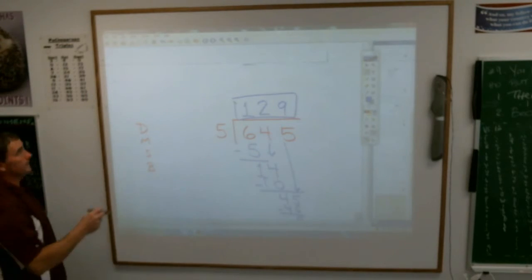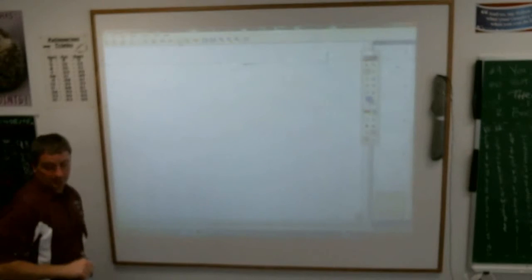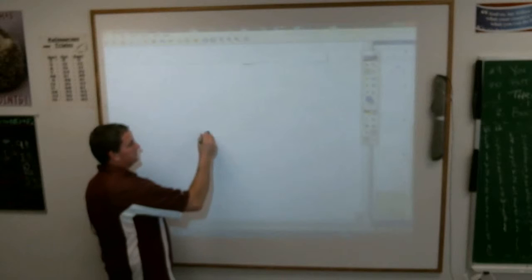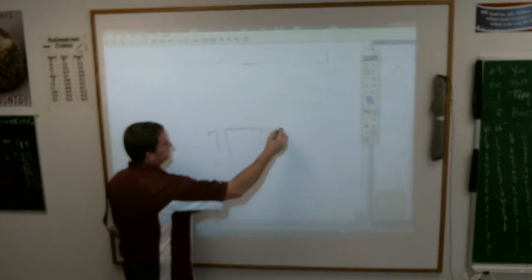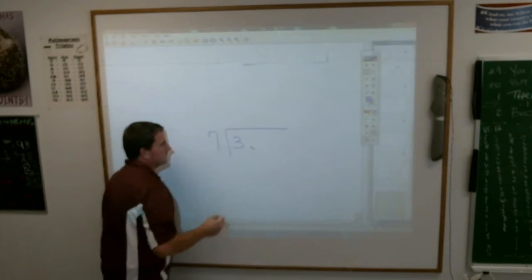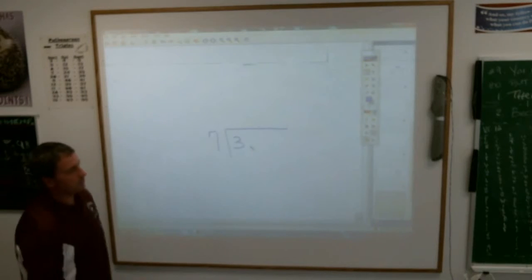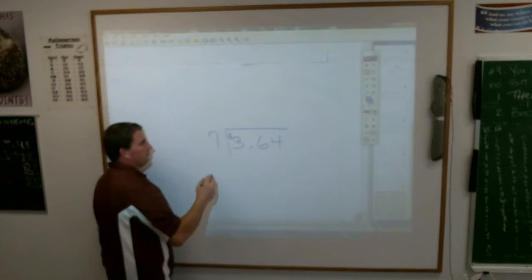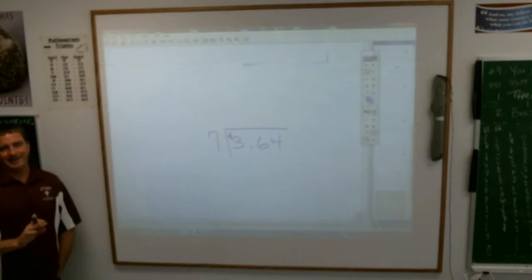And then we have to do one more example, and that one is what happens when it's in money. 7 into $3.64. One thing that you should think about, kids, is money is one of those things where you can't have remainders.